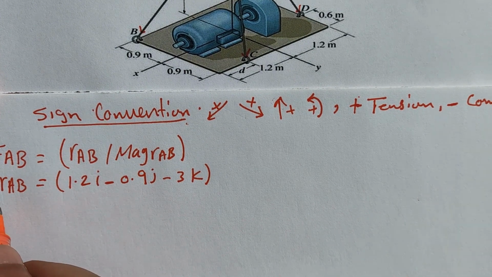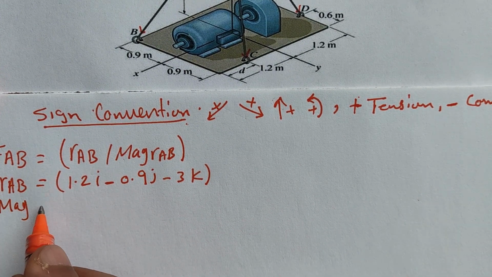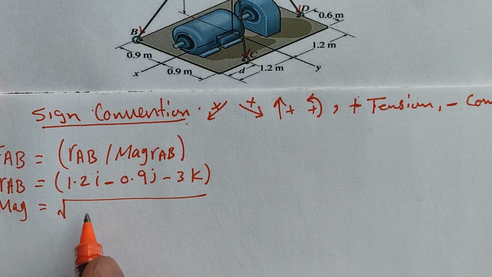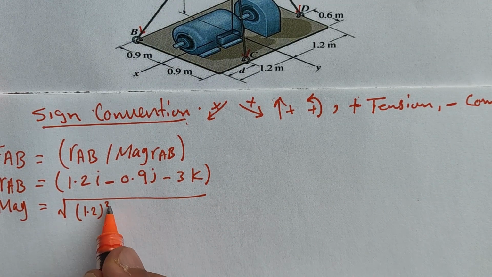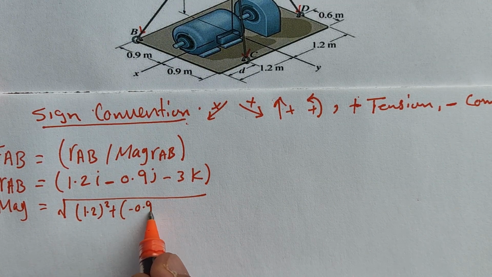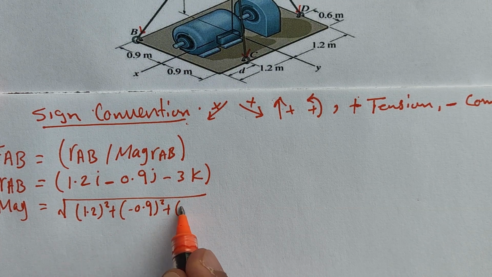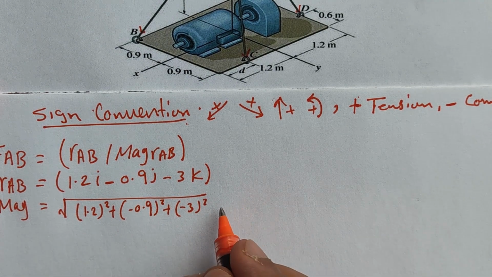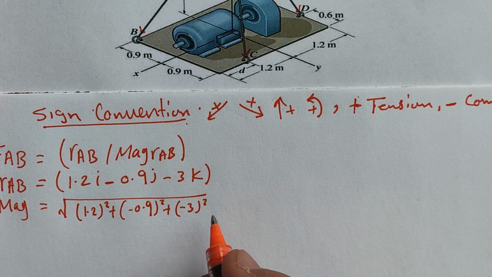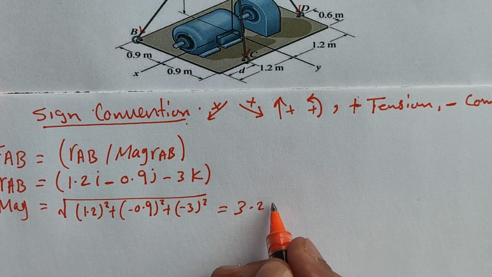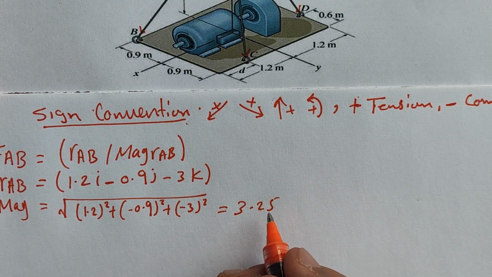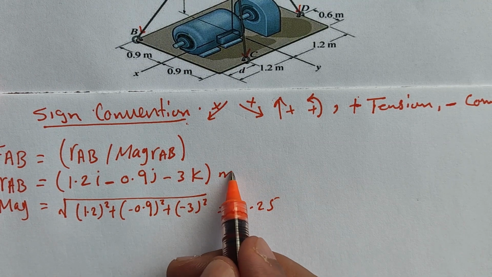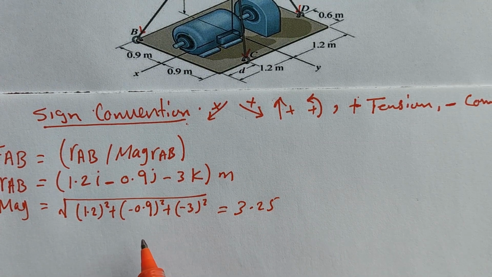So now we get the magnitude. The magnitude for RAB will equal the square root of 1.2 squared plus negative 0.9 squared plus negative 3 squared. All of this should equal 3.25 roughly, and these of course are in meters. Now we can represent that force.